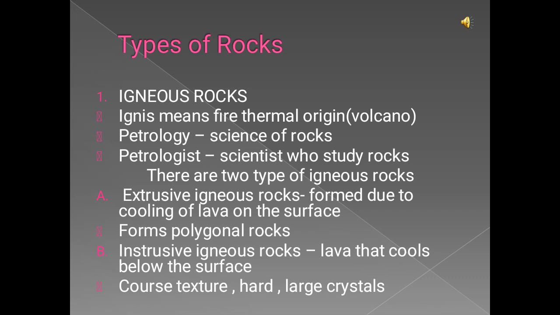Now, the intrusive igneous rocks are further subdivided into plutonic igneous rocks and hypabyssal igneous rocks. The plutonic igneous rocks are formed due to the cooling of magma very deep inside the earth. Remember this, plutonic: very deep inside the earth. And the hypabyssals are formed due to the cooling of magma in cracks, pores, and waves.